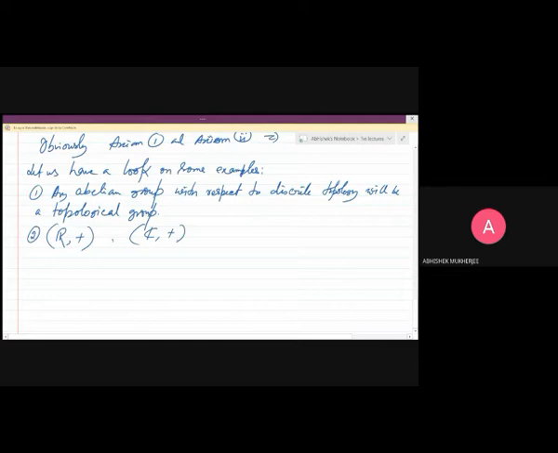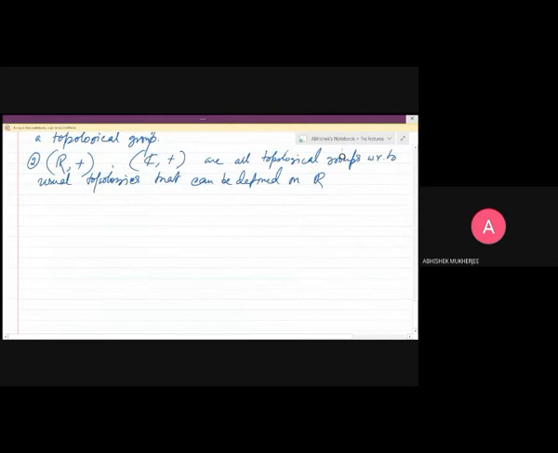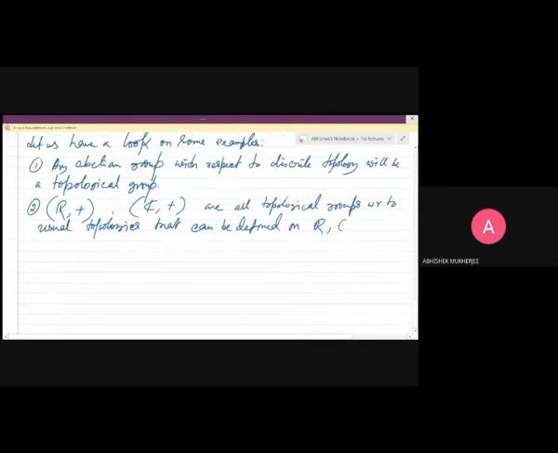So these are abelian groups with respect to addition, and these are all topological groups with respect to the usual topologies that can be defined on R, C.